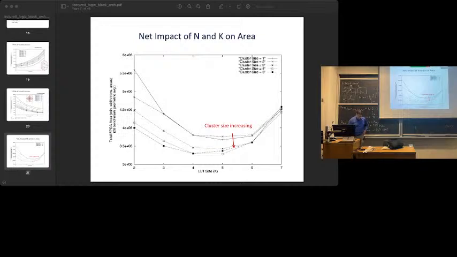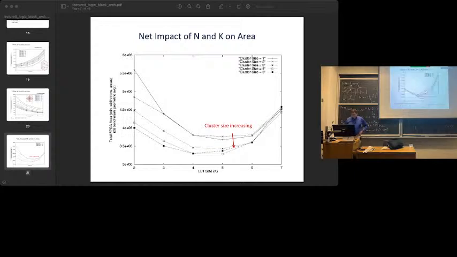The total area has a minimum around a lookup table size of 4 to 5. Moderate size logic clusters are good. They are saving area with this local interconnect, because the case with no logic cluster, a single LUT, is up here, so it's not as optimized for area.